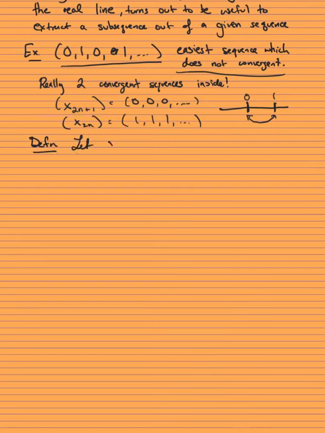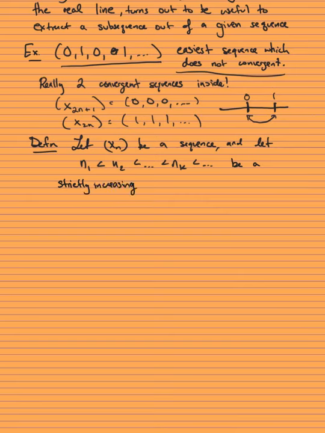Let x_n be a sequence, and let n_1 less than n_2 less than n_k, and so on, be a strictly increasing sequence of natural numbers.